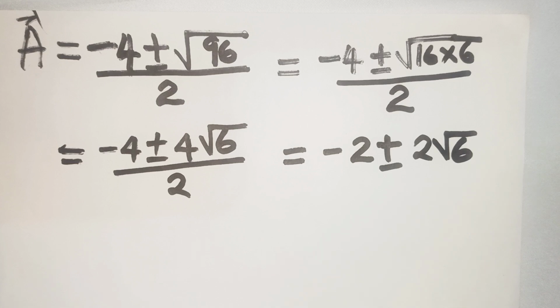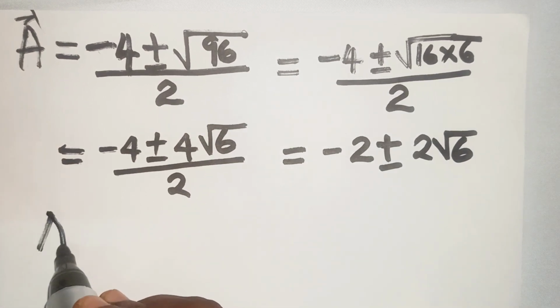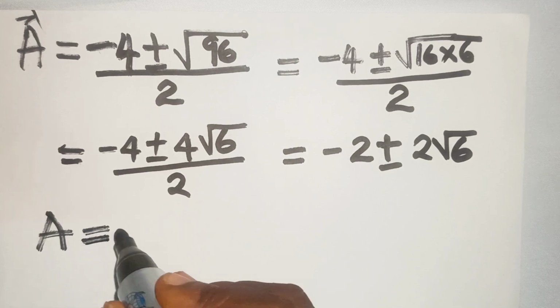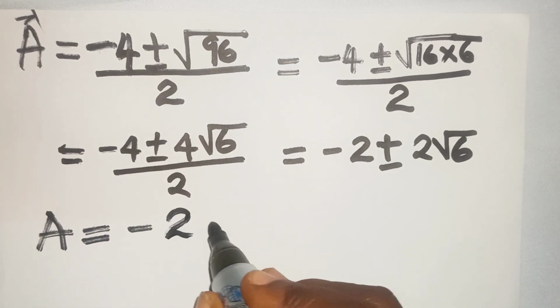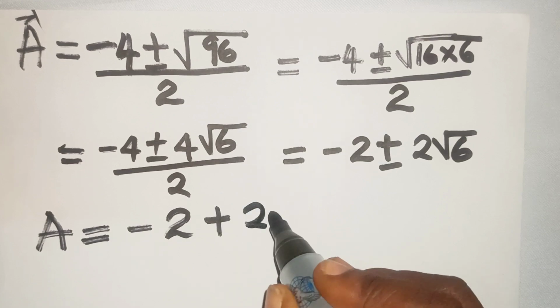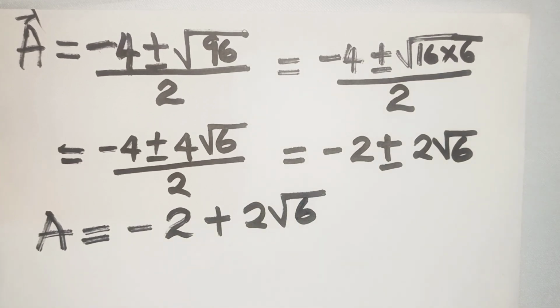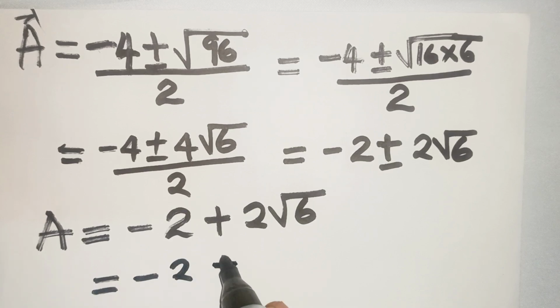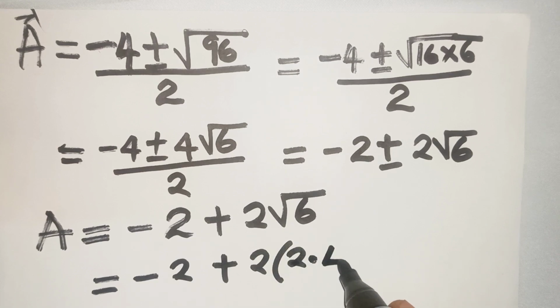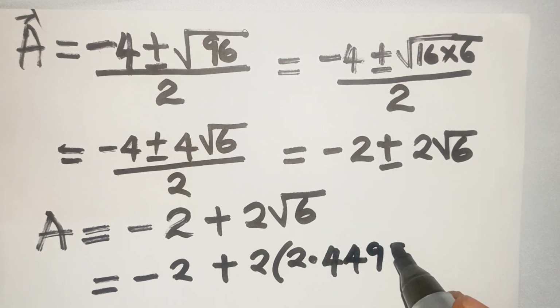Since the magnitude cannot be negative, we take the positive root. So we are going to have A is equal to minus 2 plus 2 root 6. And we have minus 2 plus 2 by 2.4495. That's the root of 6.